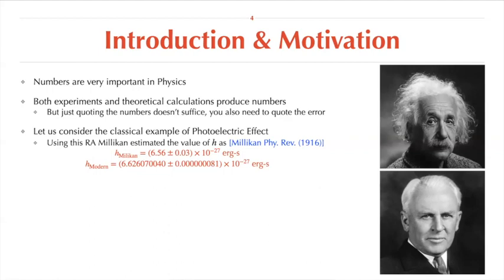Based on that, you can estimate h over e, as was done by Robert Millikan in this paper. Since he already knew the electronic charge from his own oil drop experiment, he could estimate the value of h from his experiment. The value of h he found was 6.56 with 3 significant digits. But the errors were also given. Now compare this with the modern h value, which has 10 significant digits.